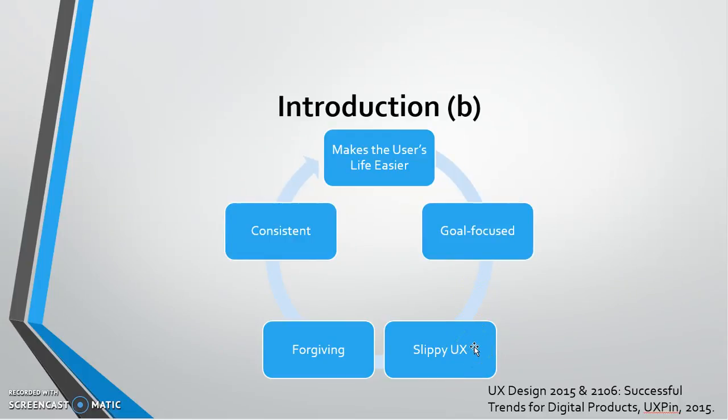We should also look at sleepy user experience, whereby users are prone to do mistakes. And if the users have done mistake, the interface itself should be forgiving. There should be options for the users to undo or revert back.